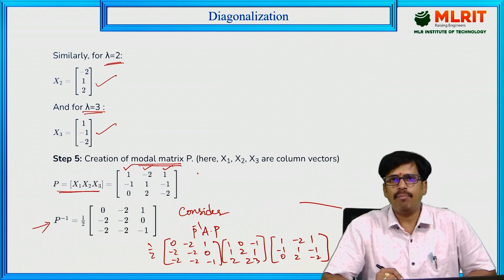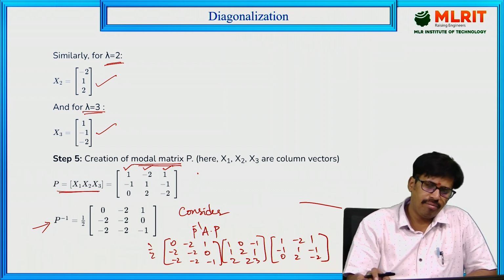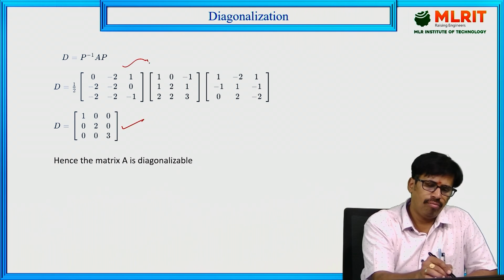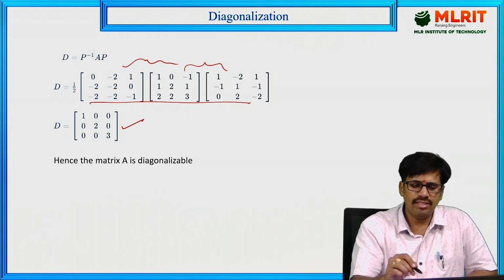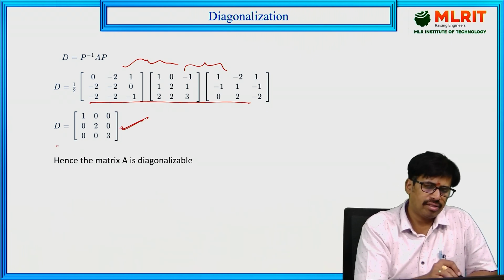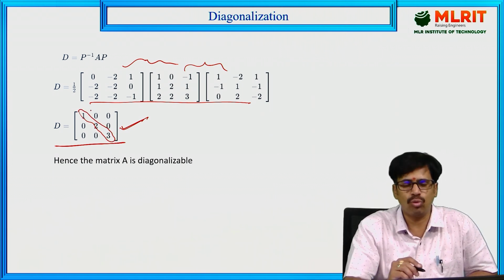If you multiply these 3 matrices, we have to get a diagonal matrix D. Multiply these 2 matrices and multiply the resultant matrix with this. The product of all these matrices is given by this matrix, which is a diagonal matrix. Only the diagonal elements are non-zero, remaining all are zeros.